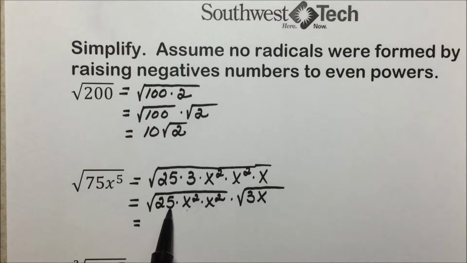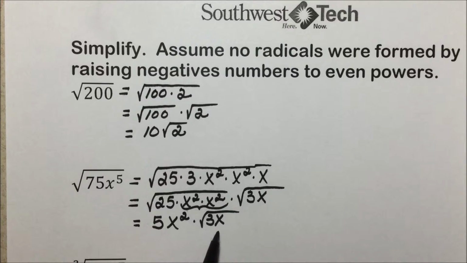Replacing the square root of 25 with a 5, since 5 times 5 is 25, we have a pair of x squared, so the square root of x to the 2nd is x, and that leaves us with the radical with the radicand of 3x. So our final answer here is 5x squared times the square root of 3x.